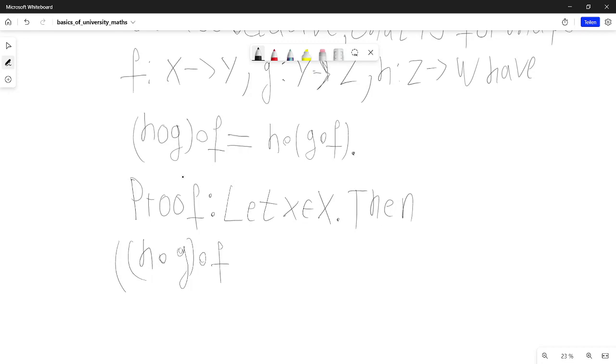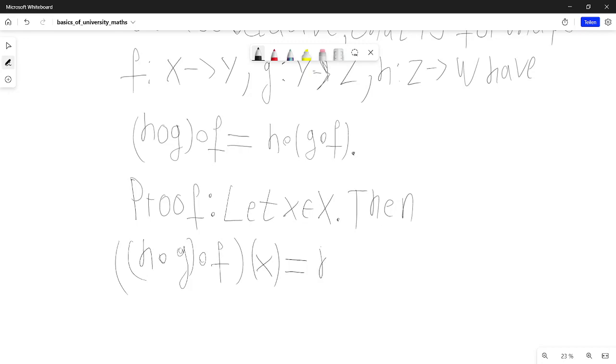First, let's evaluate the left side of the supposed equation at x. What do we get? By definition of composition, this is now a map, this is now a map, and we are composing those two maps. Clearly, here stands the composition of this map and this map.